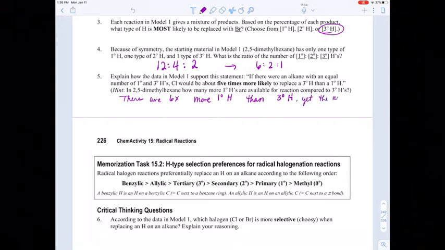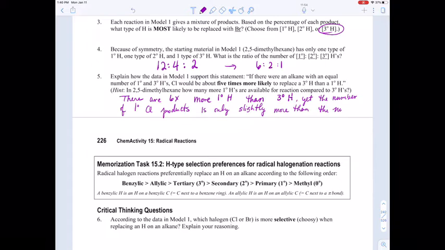Yet the number of primary chloride products is only slightly more than the number of tertiary chloride products.